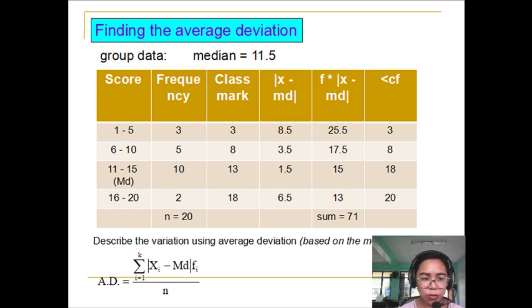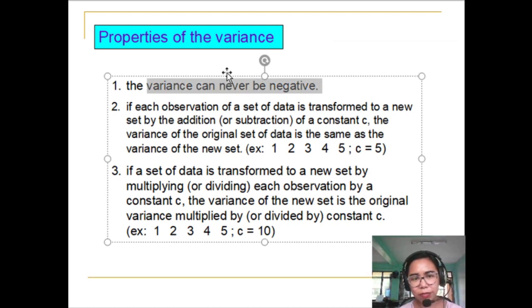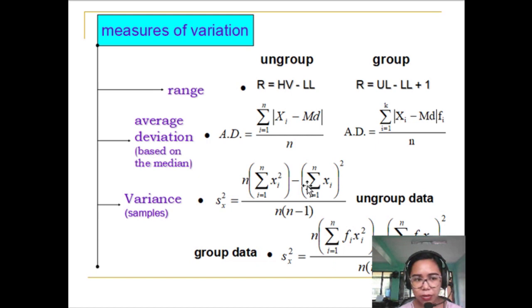Okay, so we move on to the other measure, which is the variance. So we have here properties of the variance. First, variance can never be negative because if you notice in the formula, all observations here are being squared, so it is impossible for us to get a negative value for its variance.